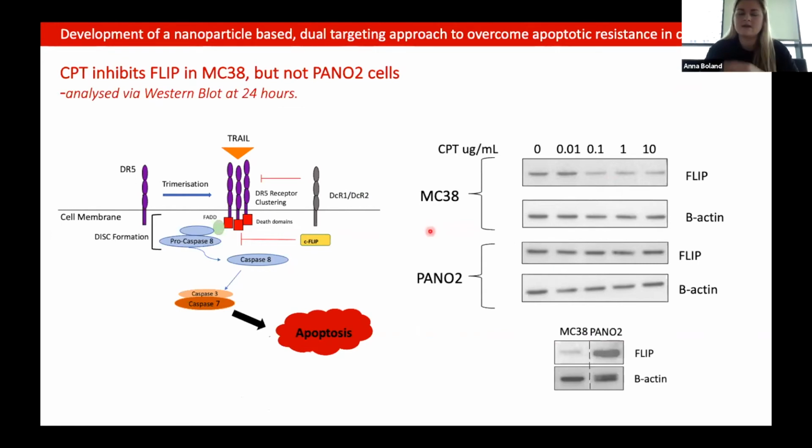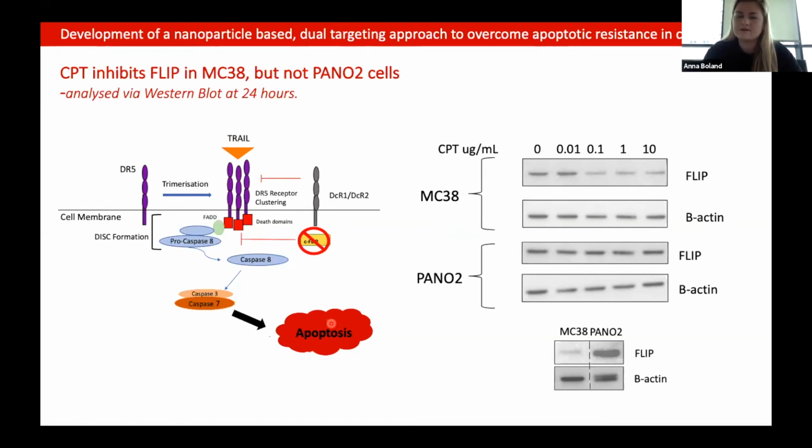And so what we think is driving this sensitivity in the MC38s is when you knock out FLIP, you're effectively cutting the brakes on this apoptotic pathway. So in essence, you've cut the brakes, and with our DR5-binding particle, we're also pressing the accelerator. So we're getting a vastly amplified apoptotic effect compared to either particle alone.